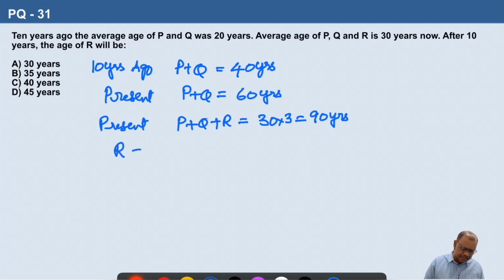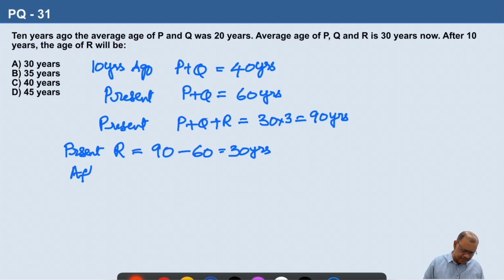R present age is equal to PQR 90 minus PQ 60. So that is 30 years. So present age of R is 30 years. So what will be his age after 10 years?